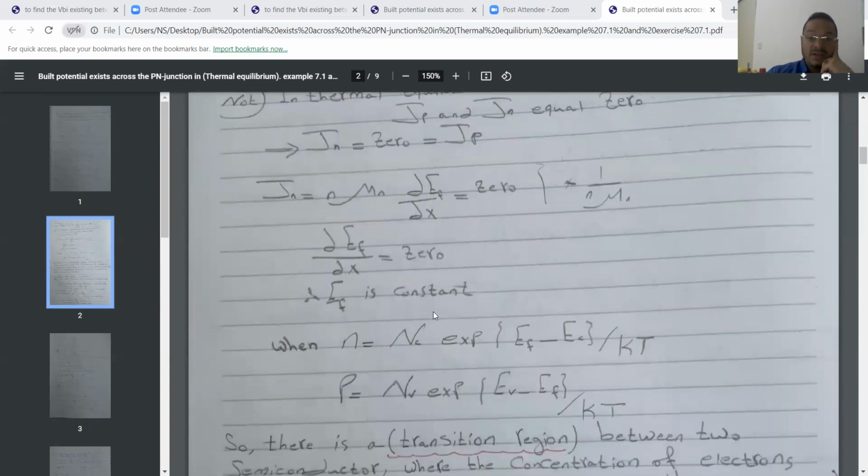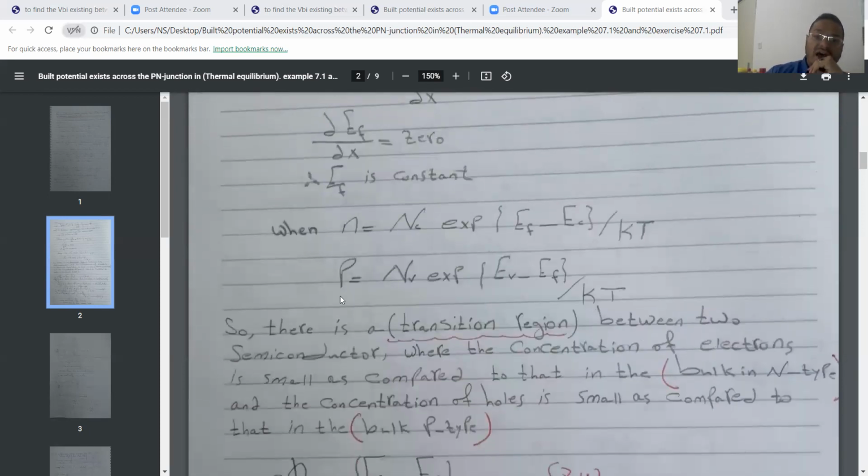Now, the concentration of electrons equals the effective density times the exponential of the Fermi level minus the conduction energy band divided by kT, and the concentration of holes equals the effective density at the valence band times the exponential of the valence energy band minus the Fermi energy level divided by kT.